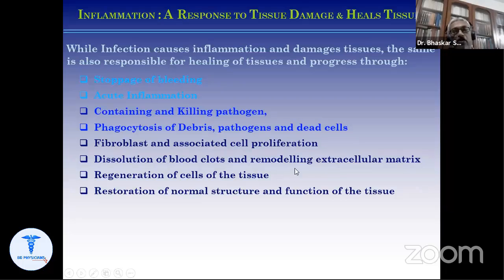Tissue-specific stem cells differentiate to regenerate cells of the tissue, and then restoration of normal structure and function of the tissue happens. So it is a multiple step process, and we have to understand that all this happens in sequence, which means it follows a set of genetic programs.